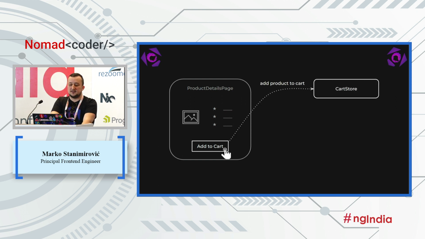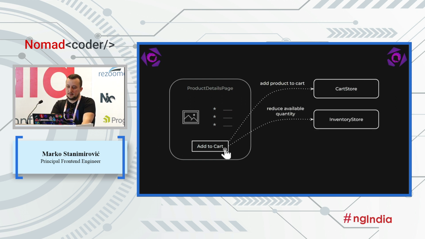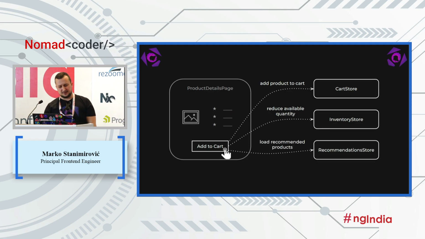First, we want to add the product to the cart store. Then we want to reduce available quantity in the inventory store. And the third action or command that we want to do is to load recommended products in the recommendation store.